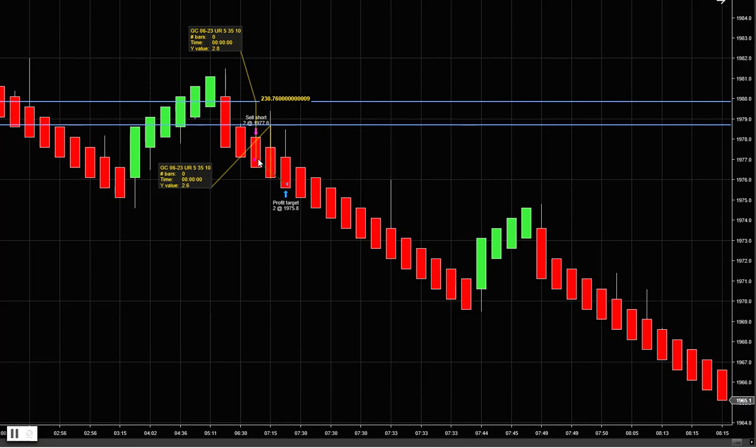When the entry was taken, the target was automatically set 13 ticks from this point, which is right here, 1975.8. That's 13 ticks from your entry price. Now, once the entry is taken, the stop loss is right here.